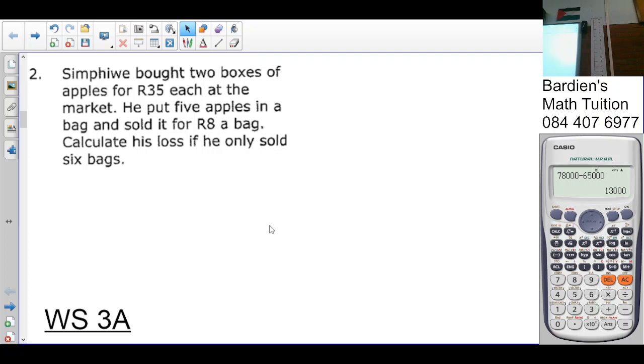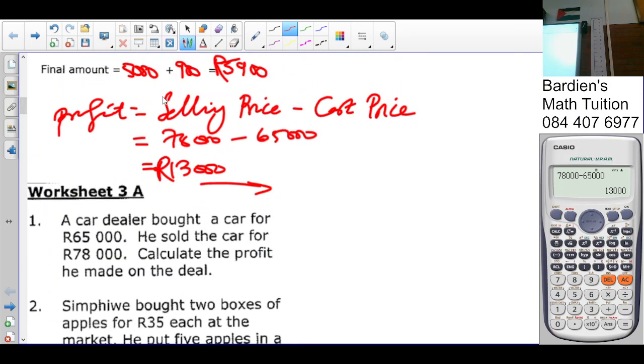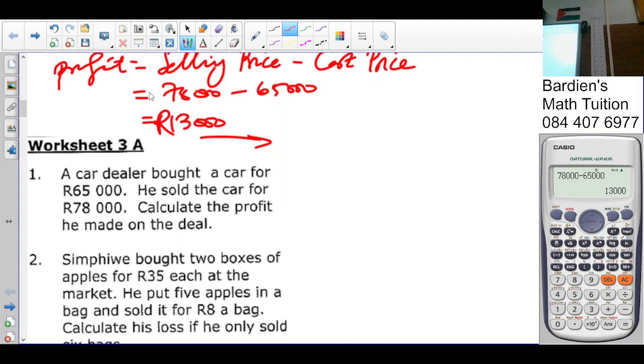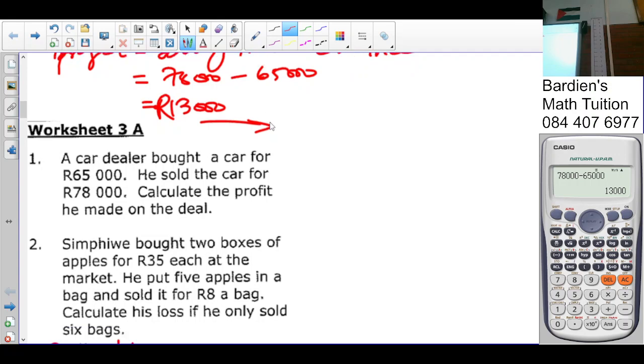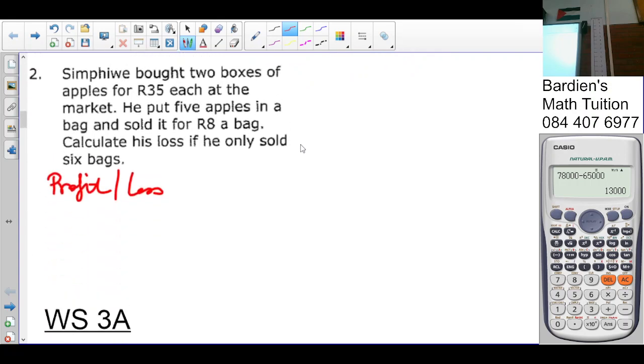Okay, so again, your profit or loss. Since the car dealer sold the car for more than what he paid, more than cost, therefore he makes a profit. Not so in number 2, here you might experience a loss.